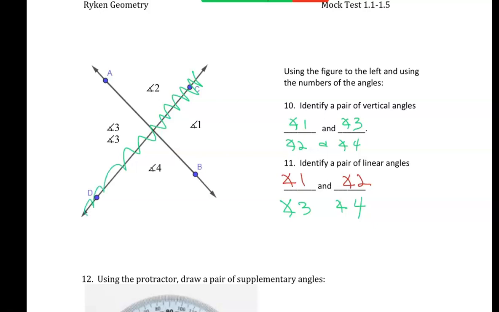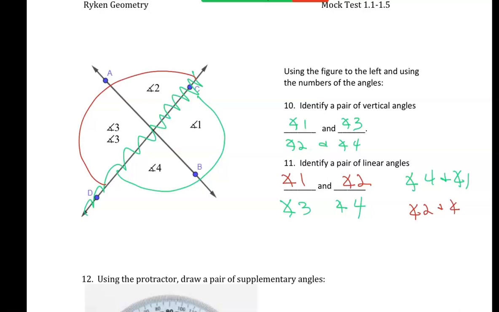Okay, so then that means draw a rainbow, and I could get angle 4 and angle 1 are a linear pair. What if I did my rainbow the other way? That would have made angle 2 and angle 3 a linear pair. Remember that linear pairs are on a line and they sum to 180.